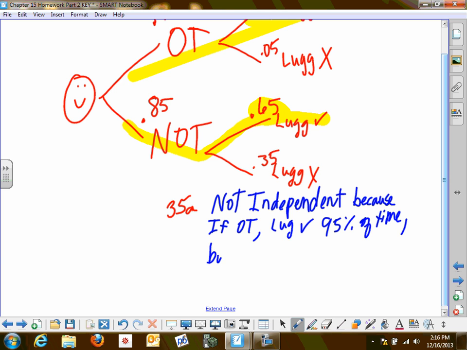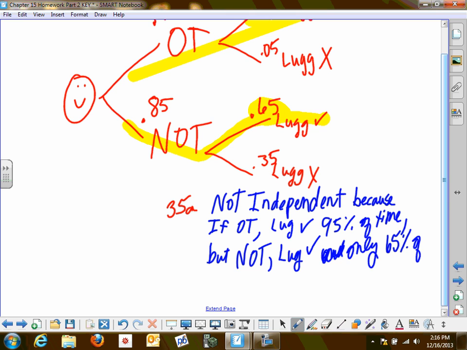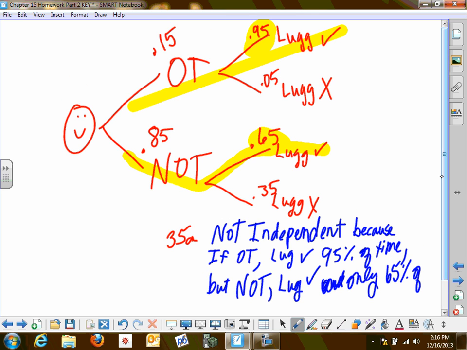But if you do not leave on time, the luggage gets there only 65% of the time. So you leaving on time or not is doing what to the luggage probability? Changing it. The fact that it's changing it makes it not independent. Okay. Alright, so that's 35A.